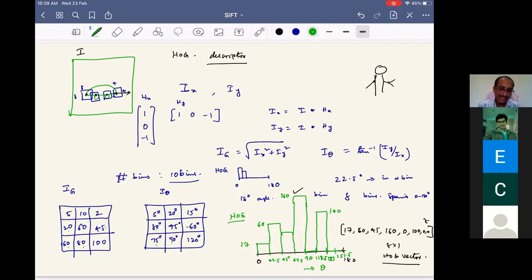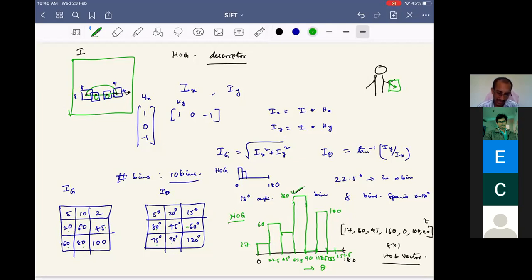But if you consider a patch, in this patch, 45 degrees is the dominant orientation. That's how we are able to show these vectors in the plot of a human described by the HOG. So the dominant orientation indicates the shape information in that patch or around that key point. The dominant orientation is the peak in the HOG, that's all.